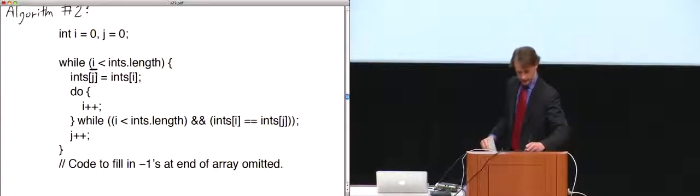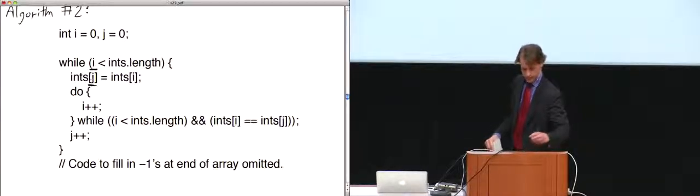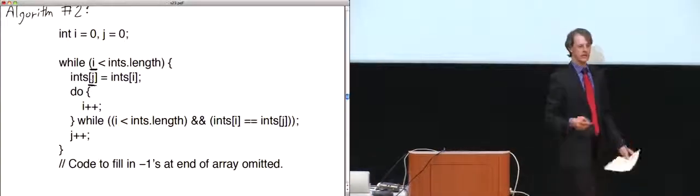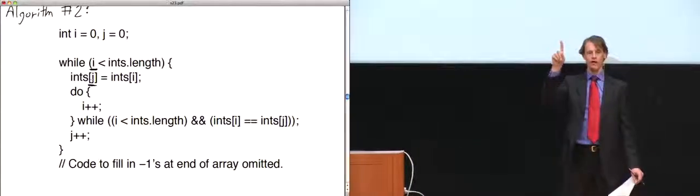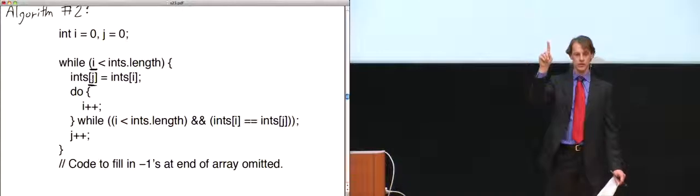So you have an index i, and you have another index j, and the point is that i is going to be wherever I'm copying numbers to. j is going to be wherever I'm copying numbers from.